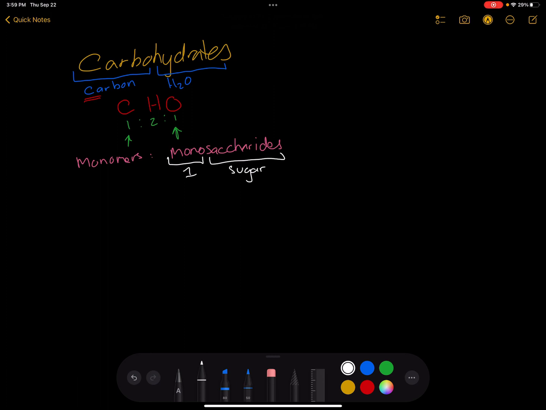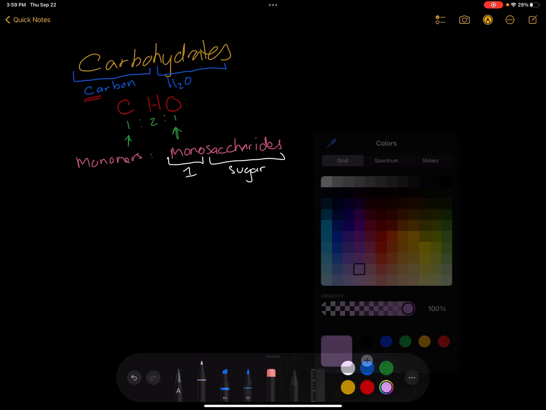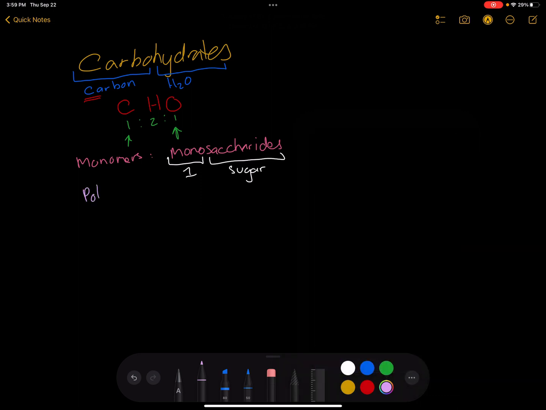They're single things, which makes sense because when we start talking about polymers, my polymer would be a polysaccharide, because poly means many, and saccharide means sugar. So polysaccharides are just many repeating units of those monosaccharides.